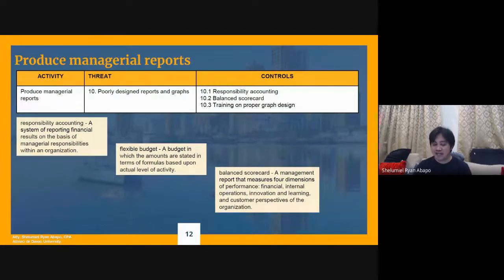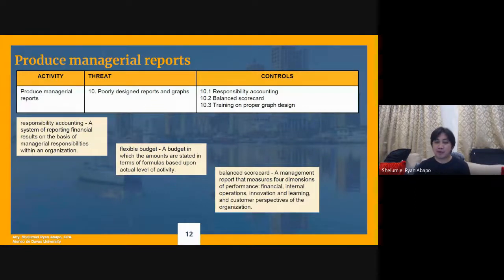The former, the financial statements, are prepared periodically in accordance with the regulatory frameworks, either if you're in a country where GAAP is recognized, or in the Philippines, IFRS. And they are to be distributed to both internal users and external users.